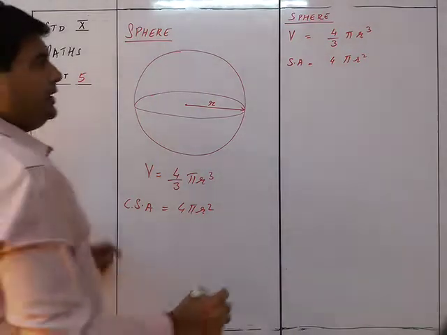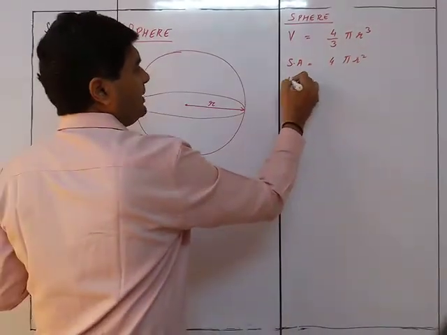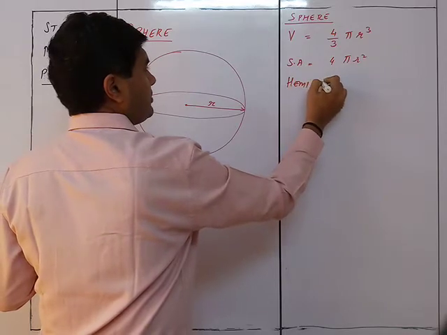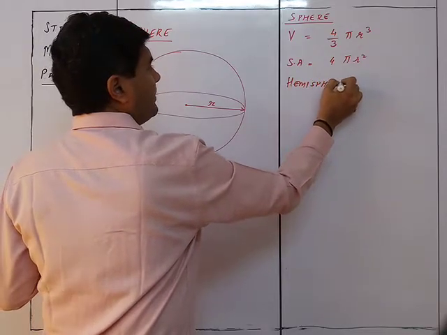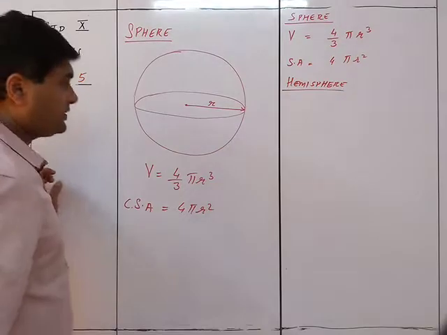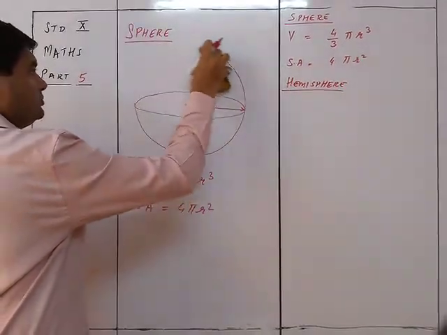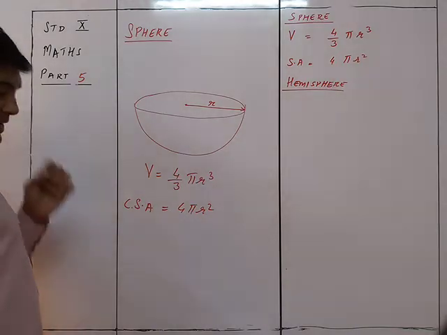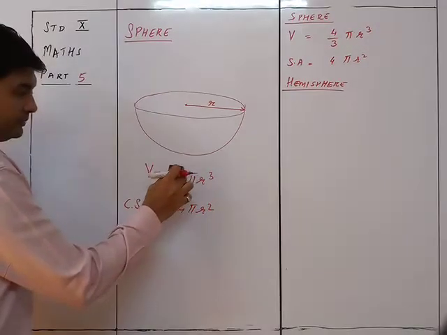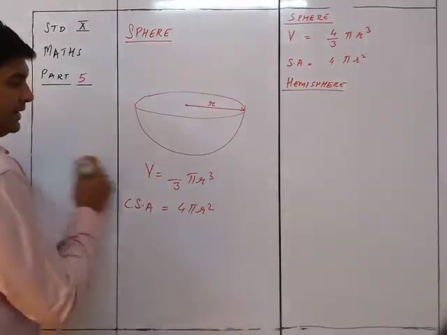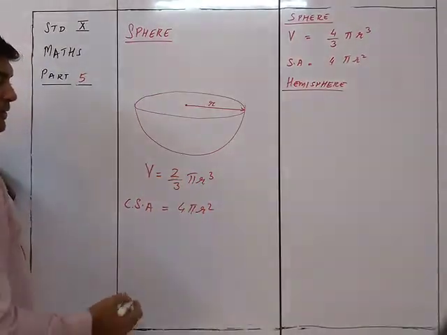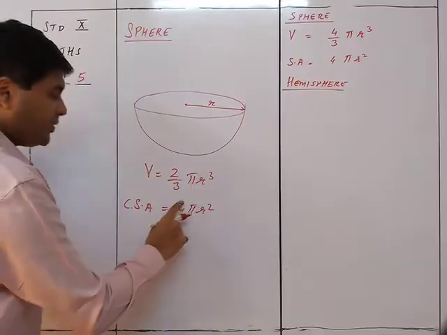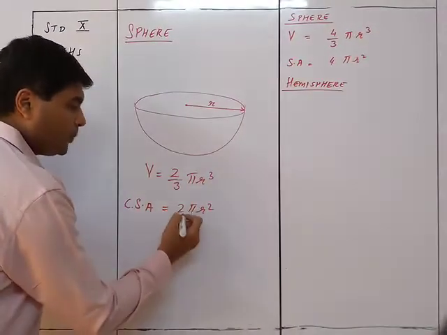The next will be a hemisphere. What is a hemisphere? This is cut into two parts. हो गया hemisphere. तो ऑटोमेटिकली वॉल्यूम क्या हो जाएगा, हाफ ऑफ दिस यानी 2 पाई आर स्क्वेयर आर क्यूब. सरफेस एरिया कितना था, curved surface area will be half of this, 2 pi r square.